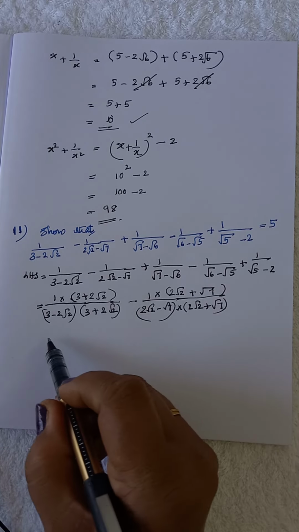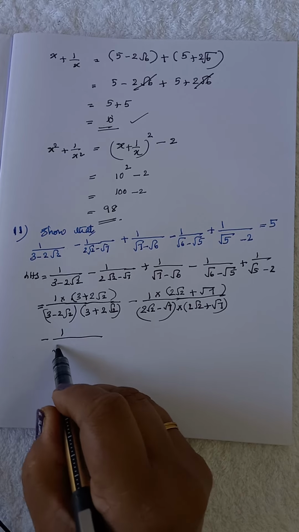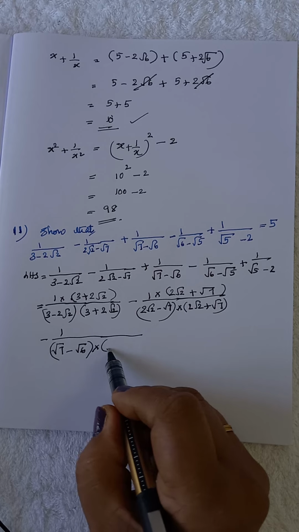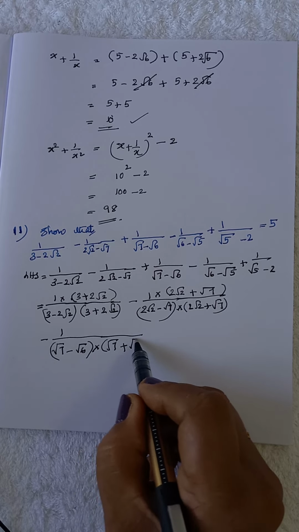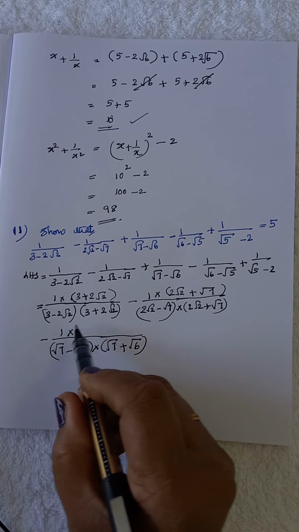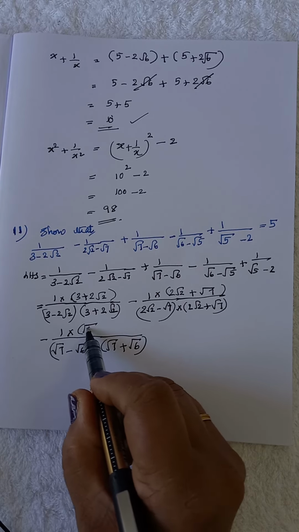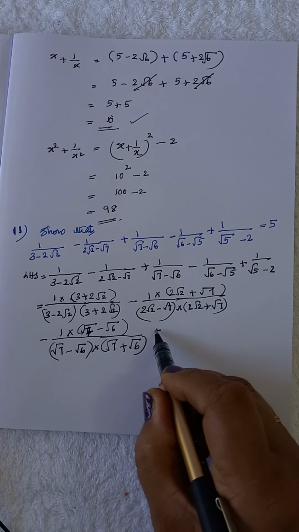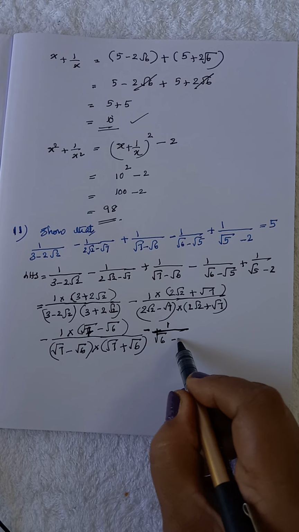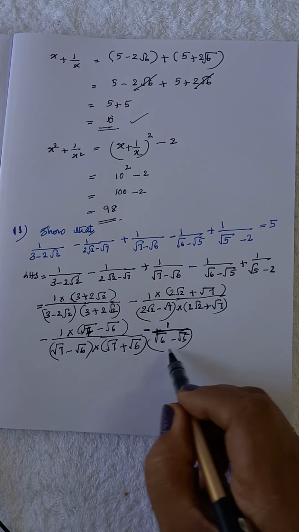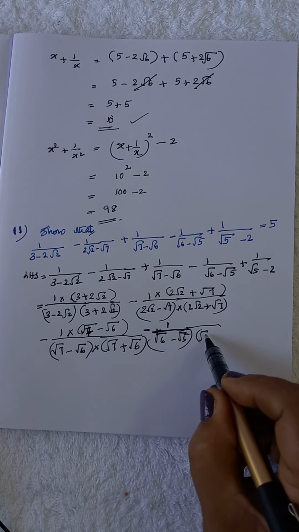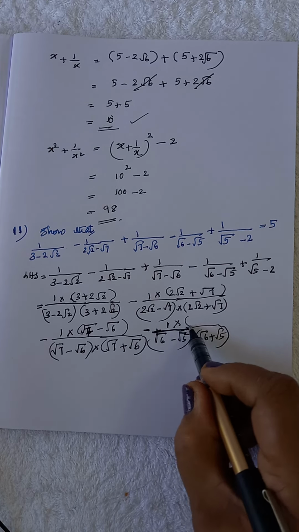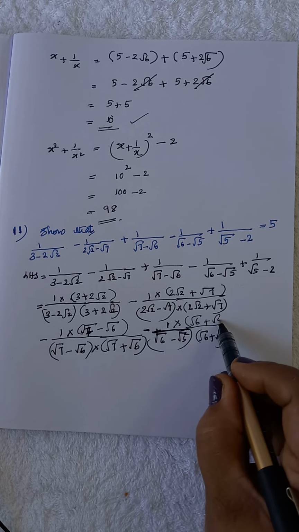Now this third term, minus 1 by root 7 minus root 6, into its conjugate, that is root 7 plus root 6. We have to multiply that in the numerator also. Then this fourth term, that is minus 1 by root 6 minus root 5, into its conjugate root 6 plus root 5, and in the numerator also 1 into root 6 plus root 5.